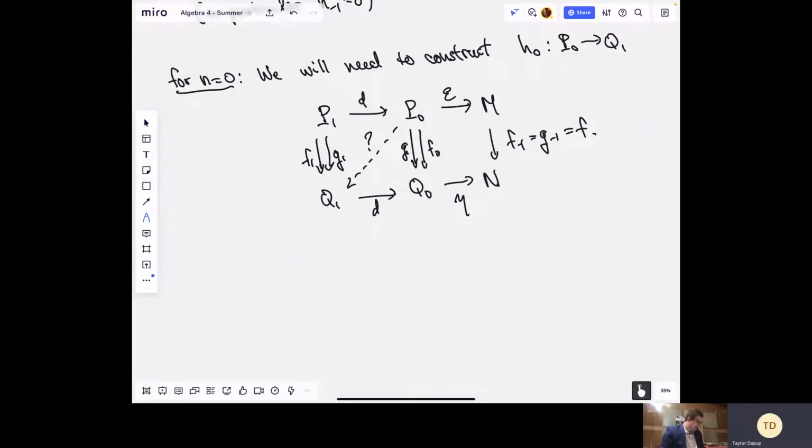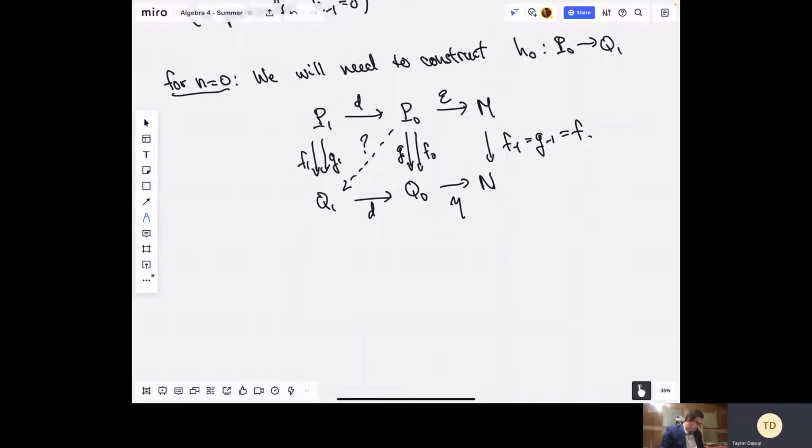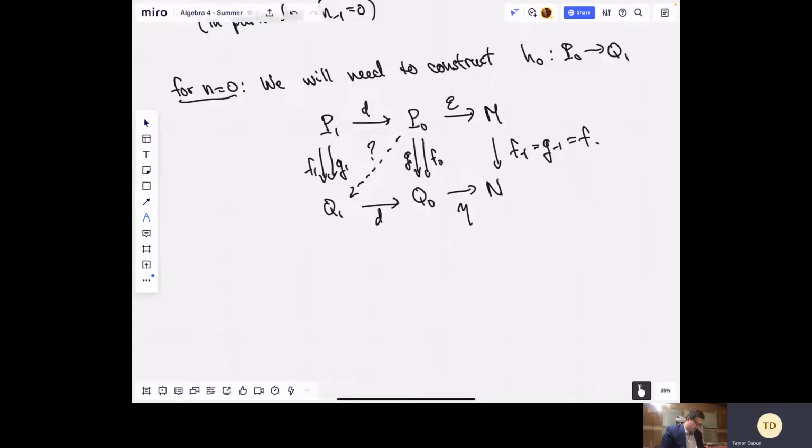So let's look at what happens here. Eta of F0 minus G0: that's this map down here. We apply F0 minus G0, a map from P0 to Q0, and then we apply eta. This diagram commutes, so this is the same thing as F minus 1, G minus 1, epsilon.